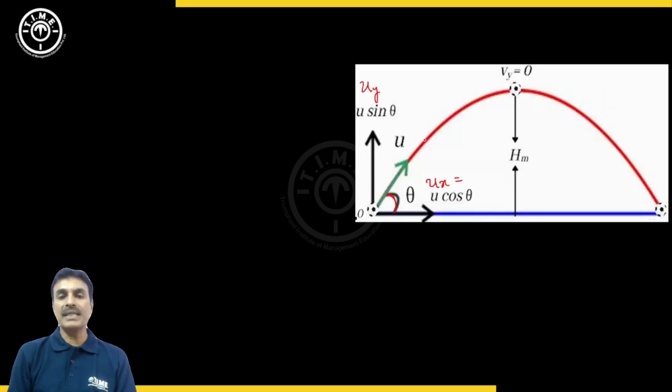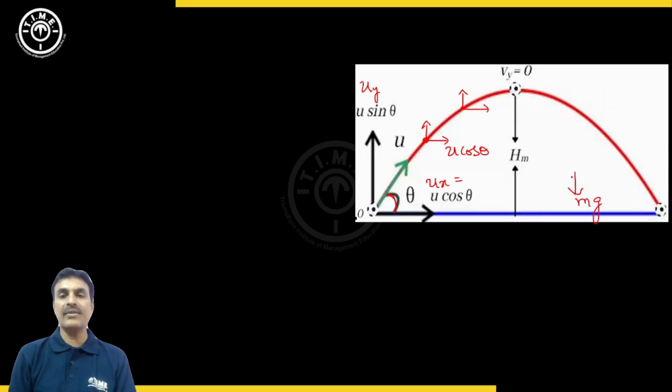As the body proceeds, its horizontal component of velocity will remain constant as there is no force acting in the horizontal direction, but the vertical component of velocity decreases as it moves ahead. This decrease in the vertical component of velocity is due to the force acting in the vertically downward direction, and that force is nothing but the weight of the body, which acts vertically downwards always.